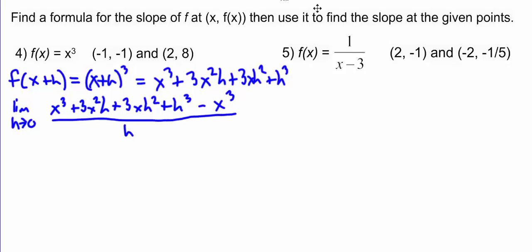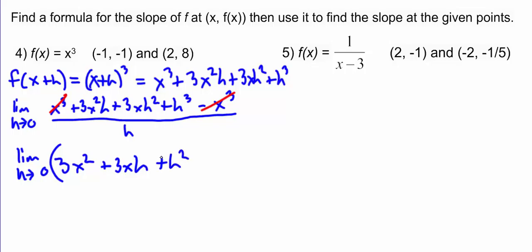And again, we run into what we've run into many other times. Anything that doesn't have an h is going away. So there we go. And let's divide everything by h as well. So we have the limit as h approaches 0 of 3x squared, I'll put that in parentheses to distinguish that, plus 3x h plus h squared.